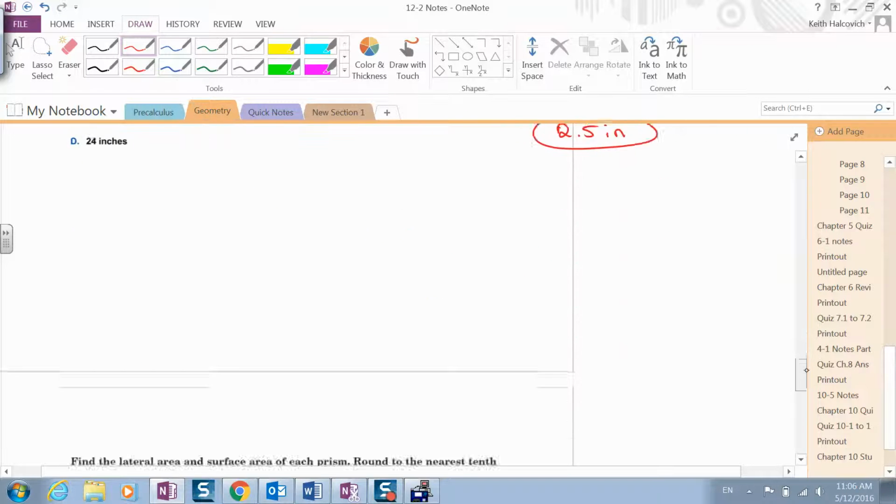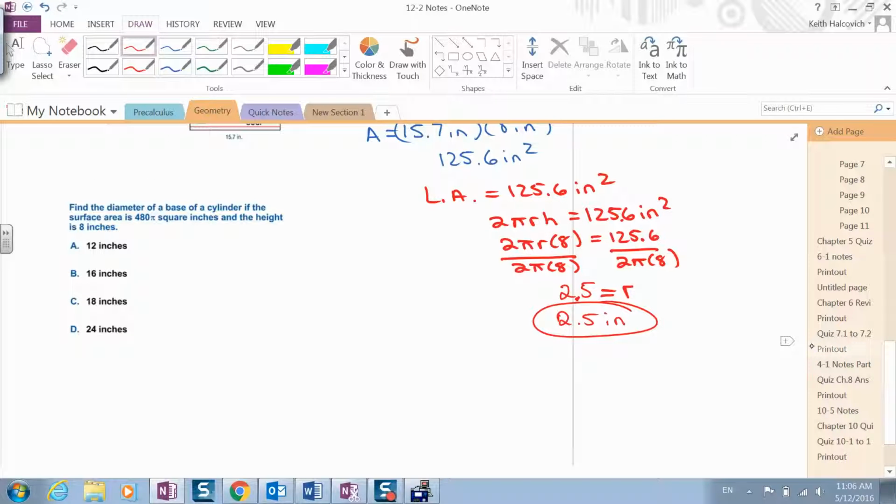All right, the last one. The diameter of a base of a cylinder if the surface area is 480 pi square inches. Well, remember, surface area is equal to the lateral area plus the area of the two bases, which is 2 pi r squared.